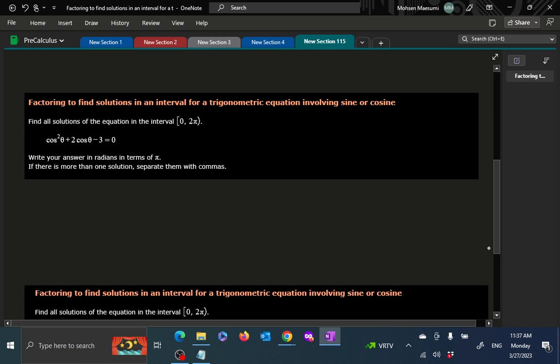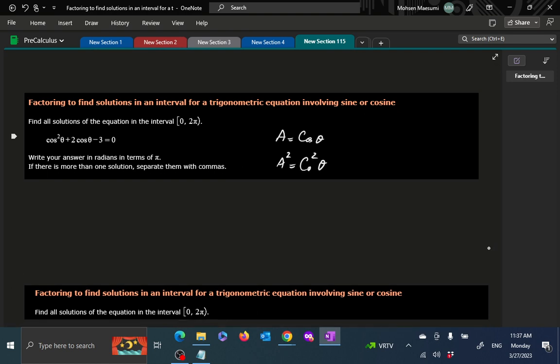Here's another example. Again, we take a to be cosine of theta, and of course a squared means cosine squared of theta, and the equation we have is a squared plus 2a minus 3 equal to 0. So (a plus 3) times (a minus 1). By trial and error you find these.